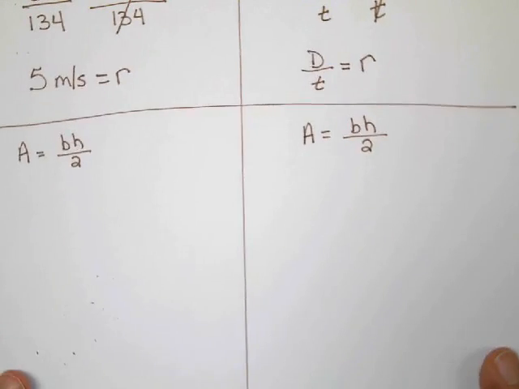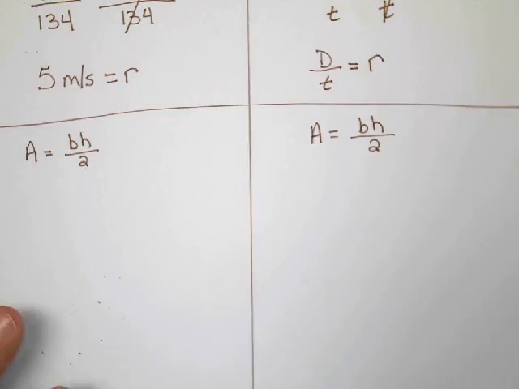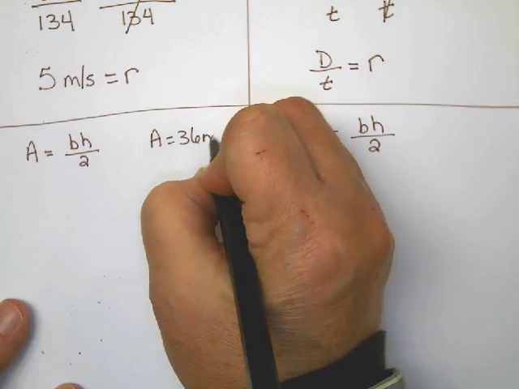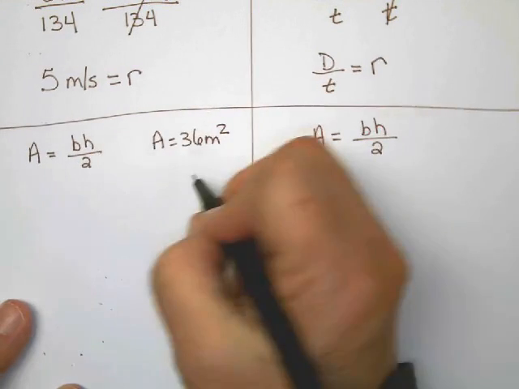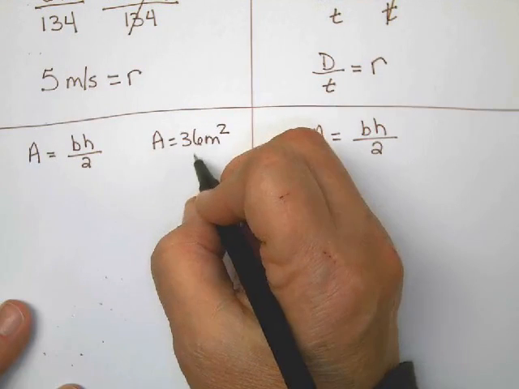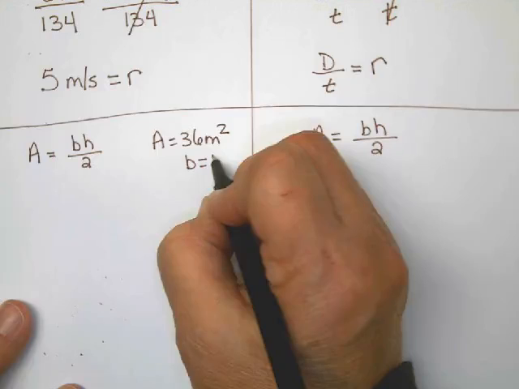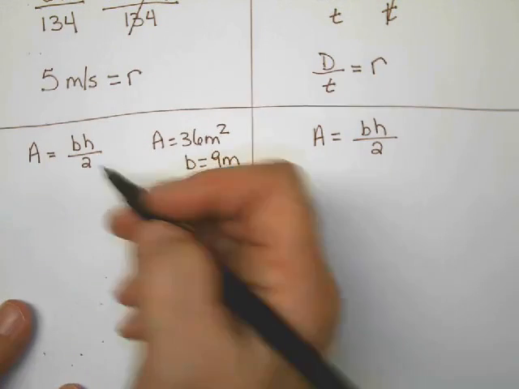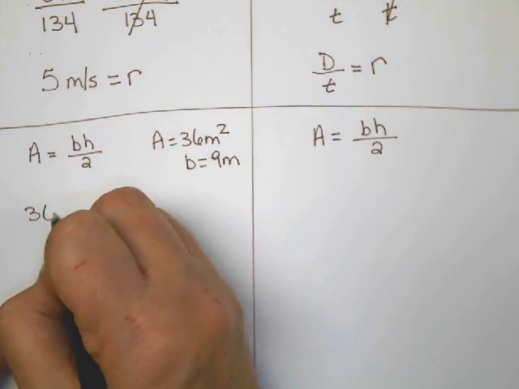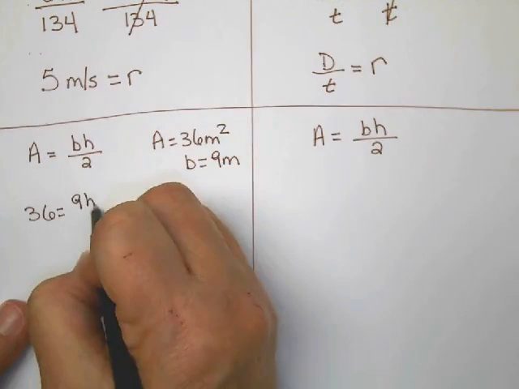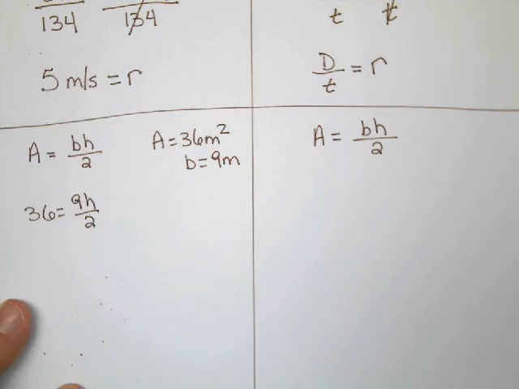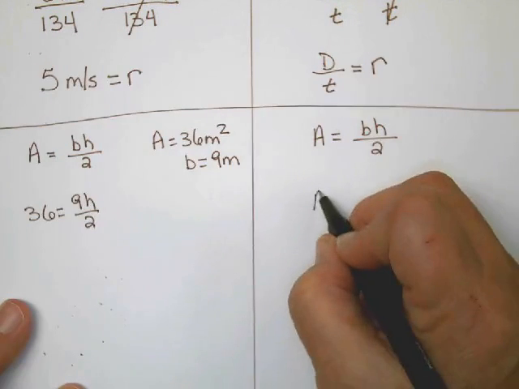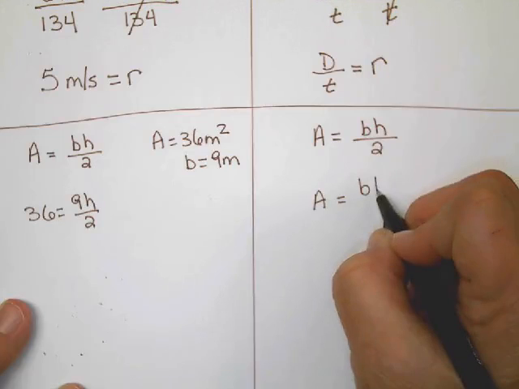So if I give you numbers on the left, so if I tell you that the area is 36 meters squared and the base is 9 meters, then I can plug that in. So I end up with 36 equals 9h over 2. Well, I don't have anything to plug in on this one, so I'm just going to bring it straight down and keep it just like it is.